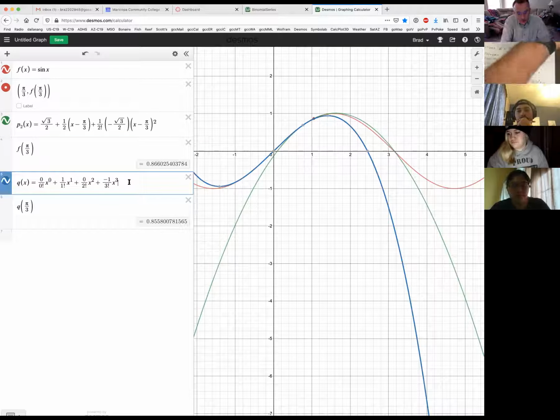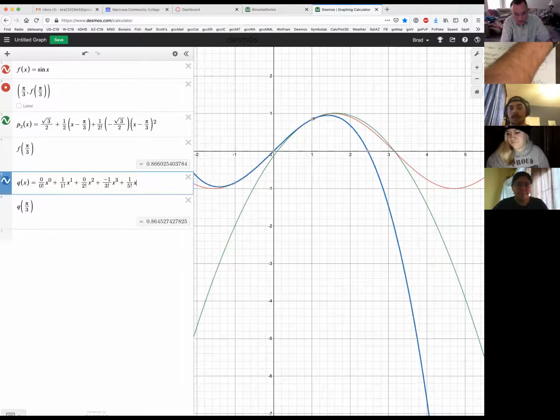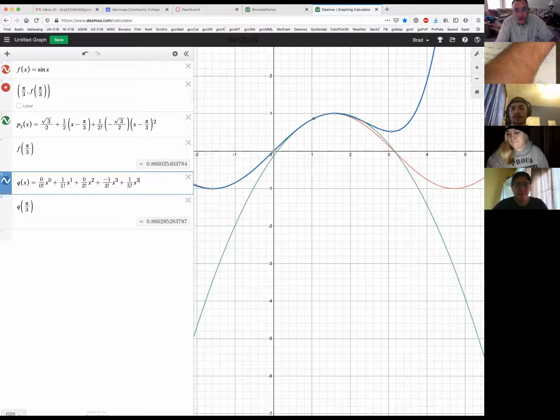So do another term. What's the next one? It's got to have a 0 on top, yeah? Okay, so what's the one after that? It's positive 1 over 5 factorial x to the 5th. And look at it now: 0.866, 0.86602.